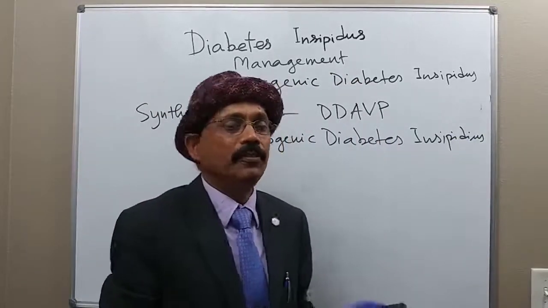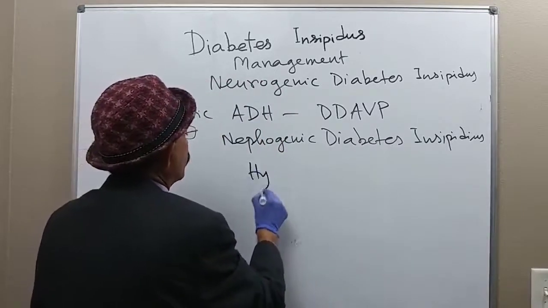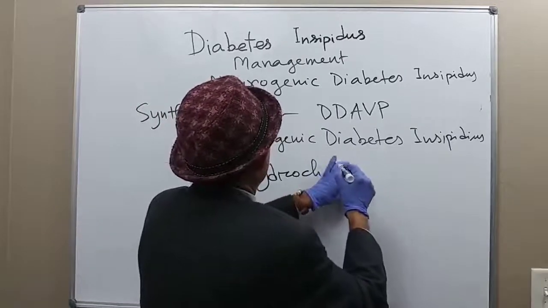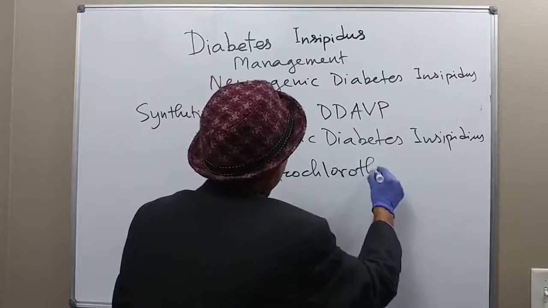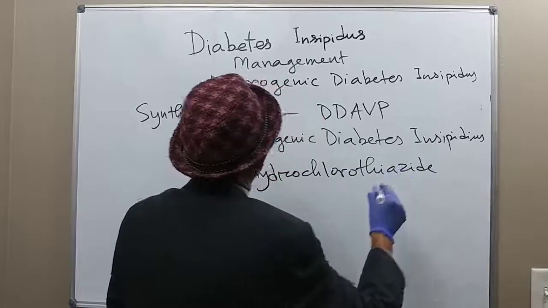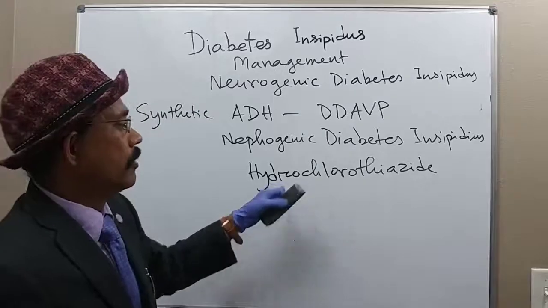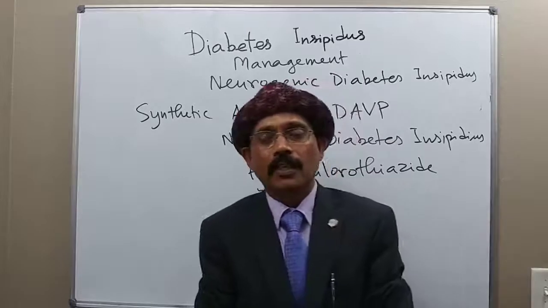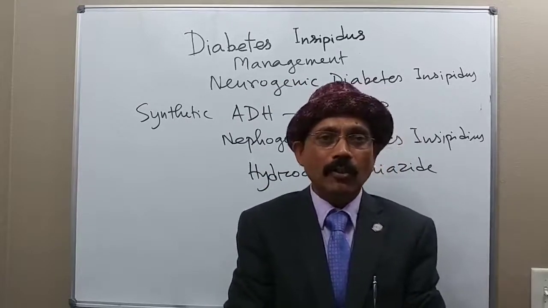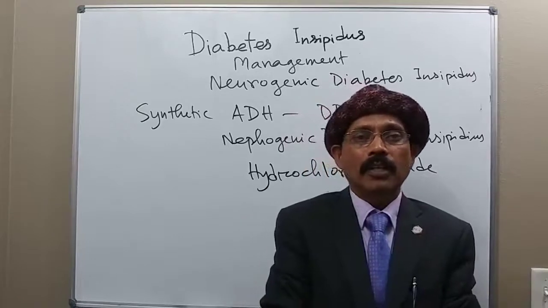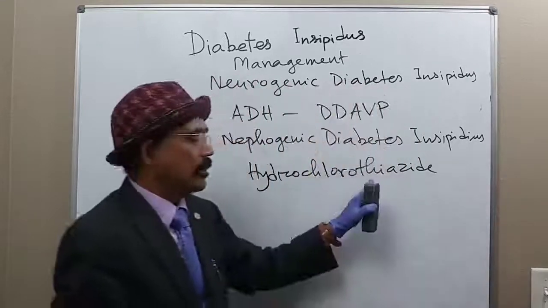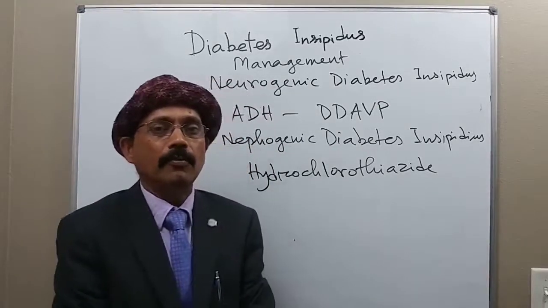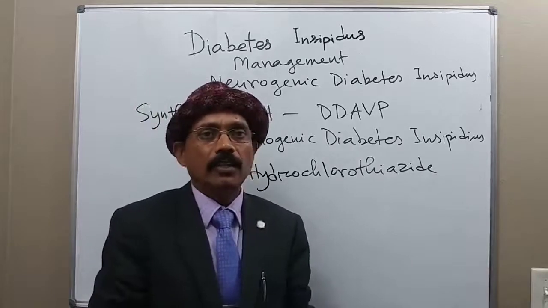In nephrogenic diabetes insipidus, it is managed by hydrochlorothiazide. So there is a diuretic. How it works in the management of diabetes insipidus, the exact mechanism of action is not very clear, a little bit elusive, but the idea is that the thiazide diuretic is very essential in the management of nephrogenic diabetes insipidus because it excretes sodium.